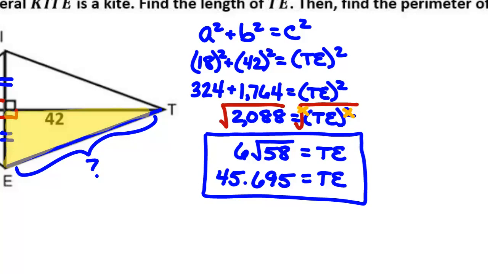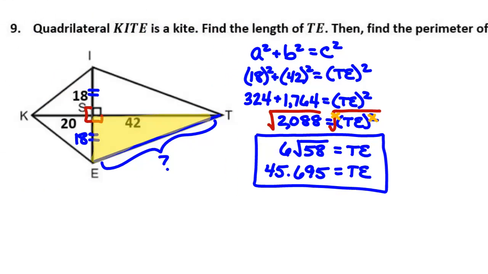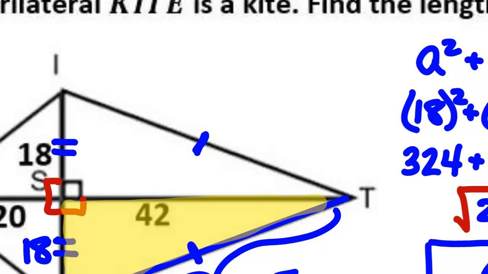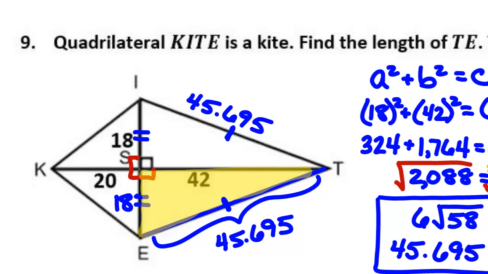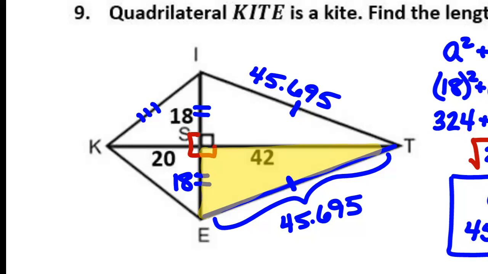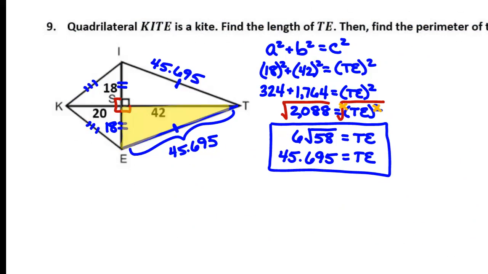All right, then we're supposed to find the perimeter of the kite, so I'm going to have to add all the sides together. But as it stands right now, I know TE, and I know that that would be congruent to IT up here, because this is a kite. I don't have the length of KI or KE, but I know those are congruent, so I can use Pythagorean theorem again.